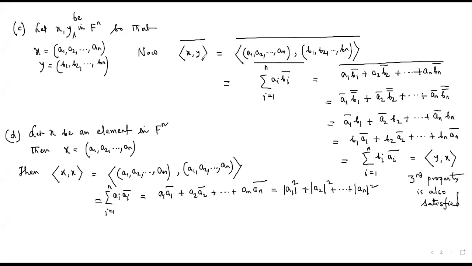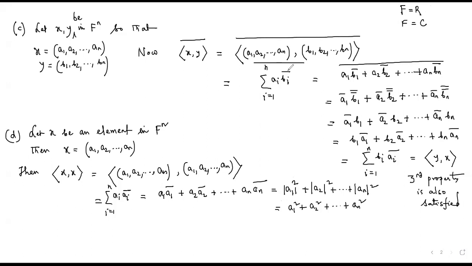Okay, and if we consider F equal to R over here, then this will be simply a1 square plus a2 square dot dot dot plus an square. If F is equal to C, then this should be mod a1 square plus mod a2 square plus dot dot dot plus mod an square. Depends upon what particular scalar field you are working with.